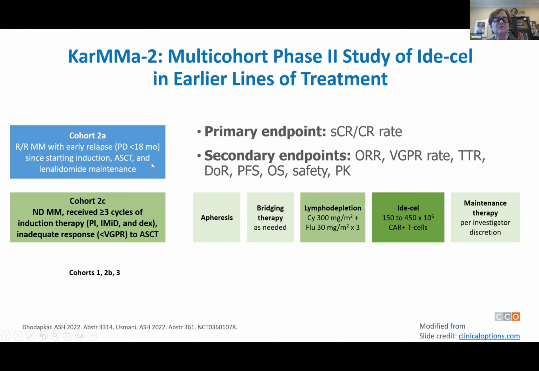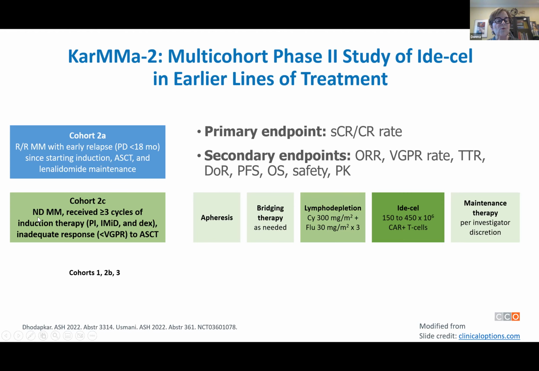And those individuals who have recurrence earlier are considered obviously a group with more resistant disease, but they've not had a CD38 antibody, at least yet, as that's not always part of induction, certainly not in Canada and many jurisdictions.